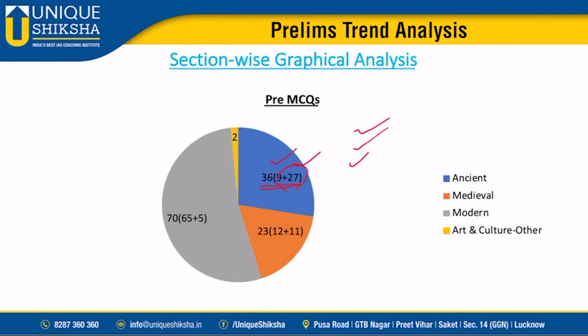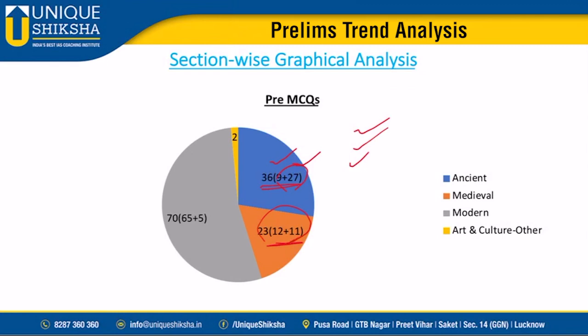Next came the medieval. Generally it is considered that medieval questions are not asked nowadays. Particularly in the last few years, the proportion of questions asked from medieval, except in the last year, has reduced quite a bit. Many centers don't even focus on the medieval in their syllabus, in their coaching, in their coverage of the entire syllabus.